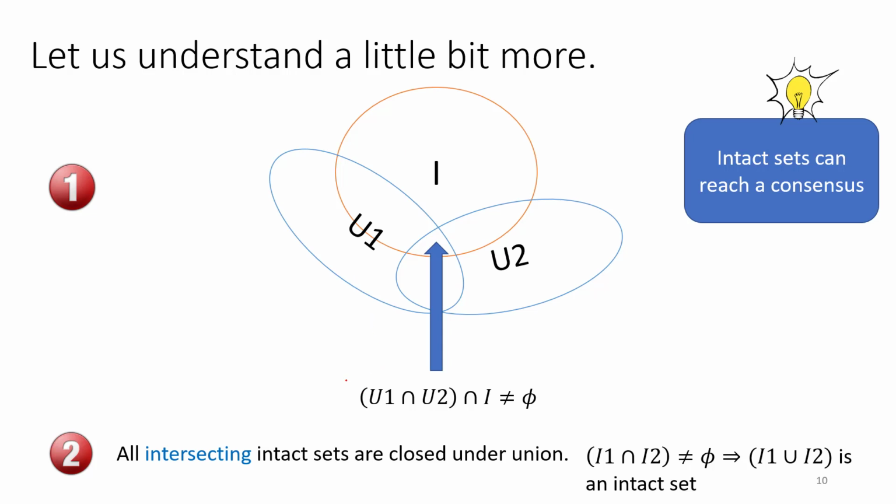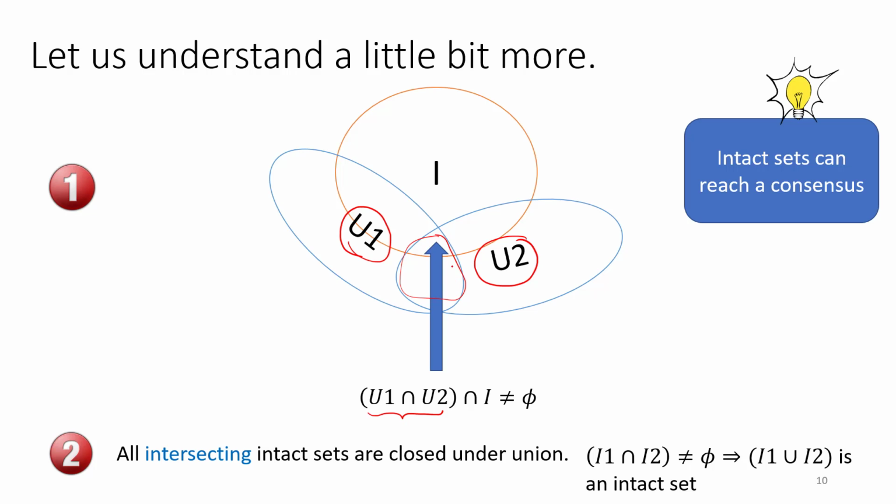So the first theorem is like this: let us consider a quorum U1 and a quorum U2, and let's say both of them intersect with an intact set I. If that is the case, then U1 intersection U2, which is this part, will have some intersection with the intact set I, in the sense it will be non-null.